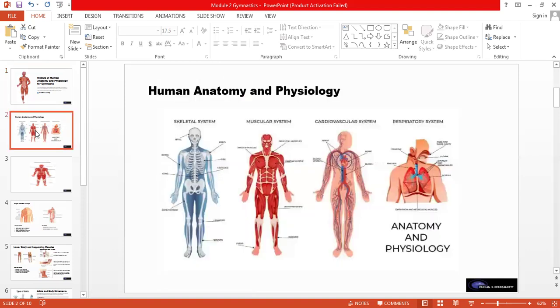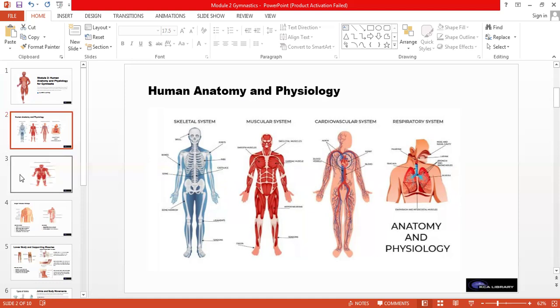We have a number of systems in the body: the skeletal system, the muscular system, the cardiovascular system, and the respiratory system. Every one of these works together in trying to do gymnastics. However, we'll be focusing more on the muscular system.